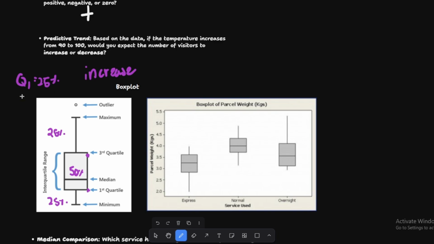And same thing for quartile 2, quartile 3, quartile 4. Now remember that the interquartile range represents the data between the first quartile and third quartile. So this is the first quartile and this is the third quartile. And this means that this area is going to be the fourth quartile.